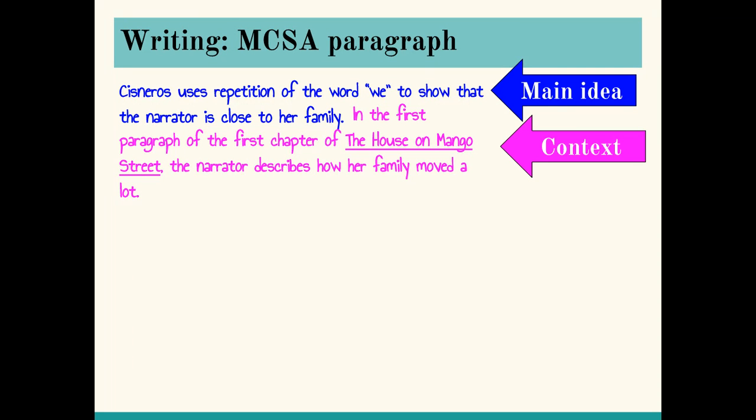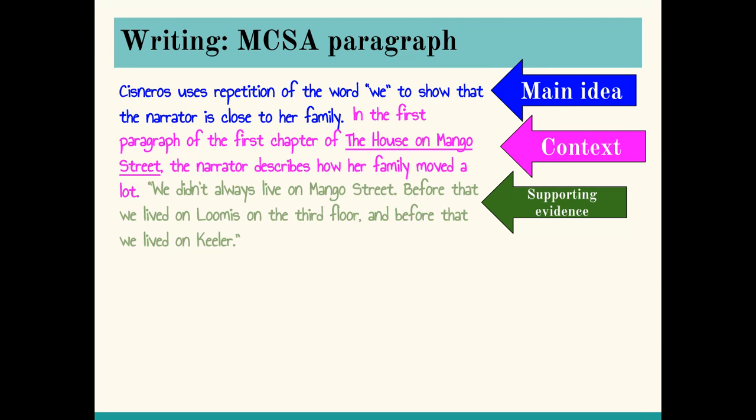That's what's going on in the story. That's my context. All right, the next thing I need is my S, my supporting evidence. I know this is a direct quote from the text, so I'm going to choose a quote that has a lot of the word we, because that's what my paragraph is about. Here's my quote: "We didn't always live on Mango Street. Before that, we lived on Loomis on the 3rd floor, and before that, we lived on Keeler."